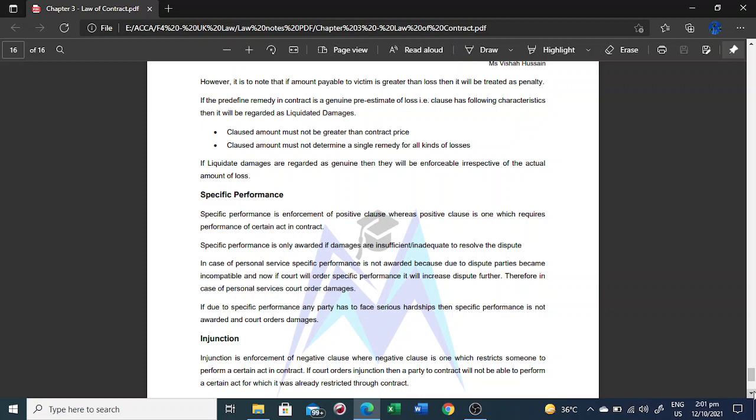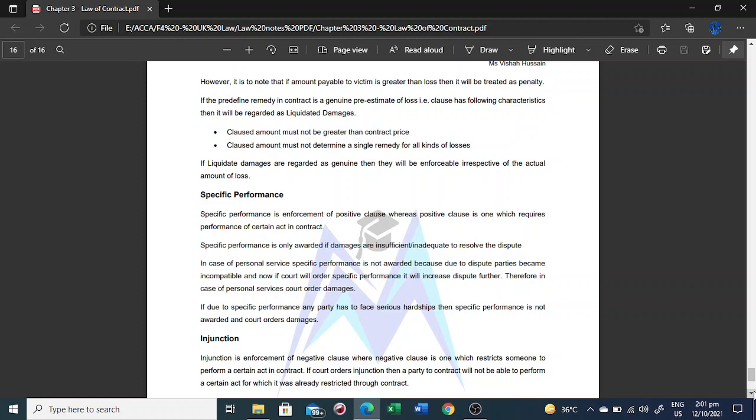So as per the contract, if you've already discussed a remedy and written down the remedies by estimating the loss before it actually happened, then this will be considered liquidated damages. First, the claused amount must not be greater than the contract price.